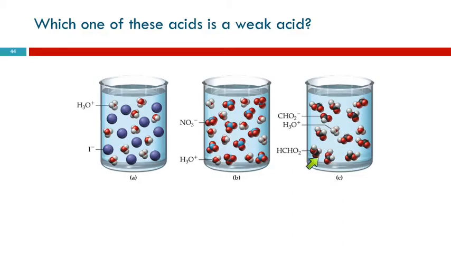C. C has, this is formic acid, it has intact molecules, and then it's got hydronium ions, and it also has the formate ions. Here, there's hydronium ion and there's nitrate ion, but there's no HNO3 molecules. And here we've got hydronium ions and iodide ions, and there's no intact molecules. So the weak acid is beaker C.